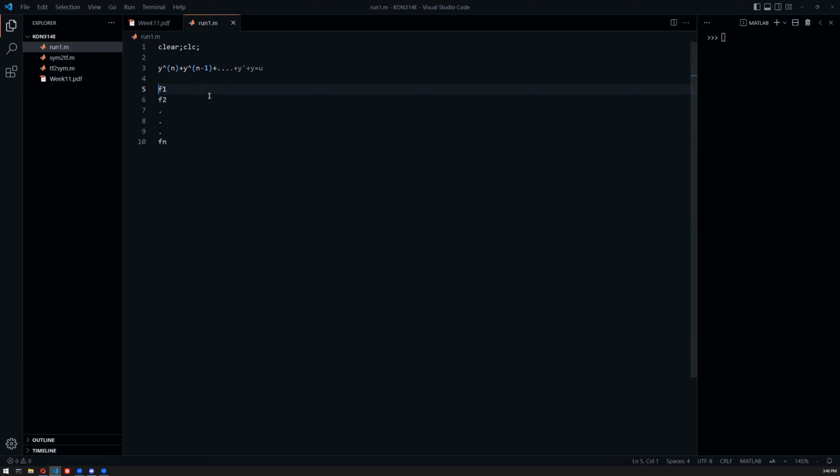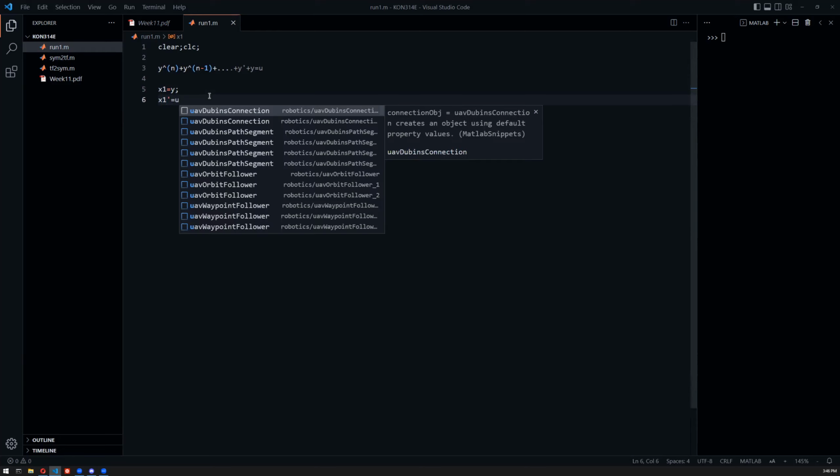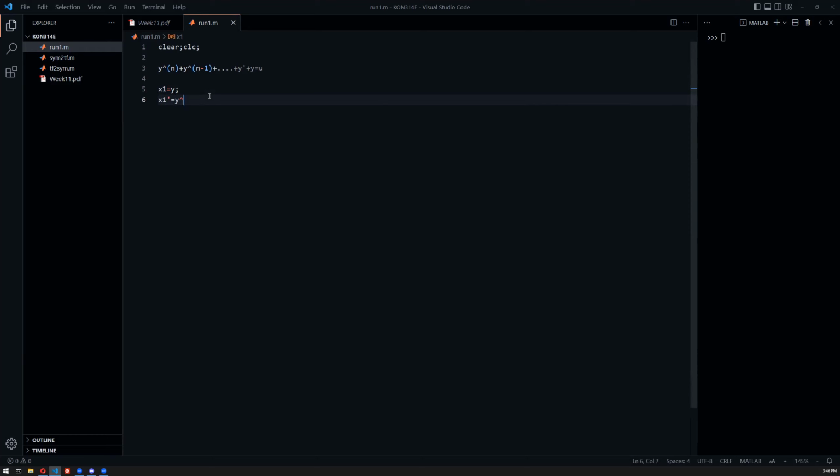So what we're going to do is we're basically going to do the following. We are going to define x1 equals y, for example, because that's one variable that we care about. We are trying to solve it for y, for example. Now, each time we have a derivative, x1 derivative, which is basically y derivative here, we are going to define that derivative as a new variable.